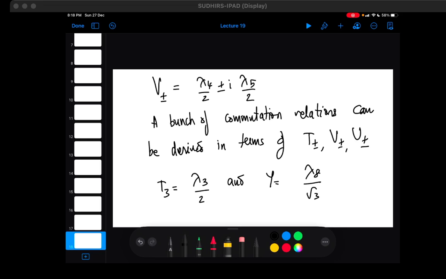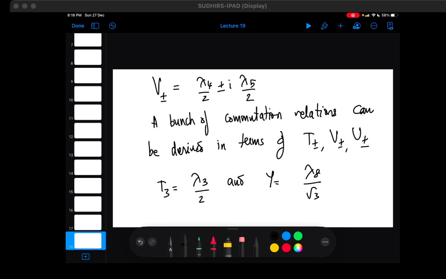So in principle, you can have more raising and lowering operators, and there is also a further complication in SU3: its representations are complex.